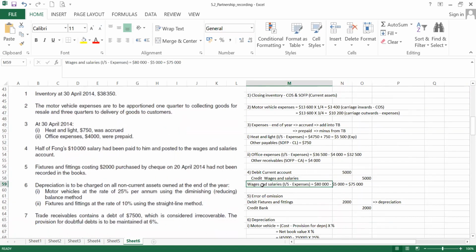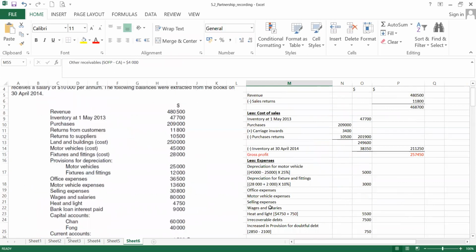So whatever you take, write it right beside it, all the working will help you to memorize it. So this one we have to minus 5,000 for the wages. Okay, this one is 75,000.